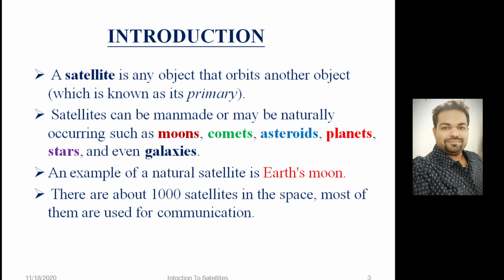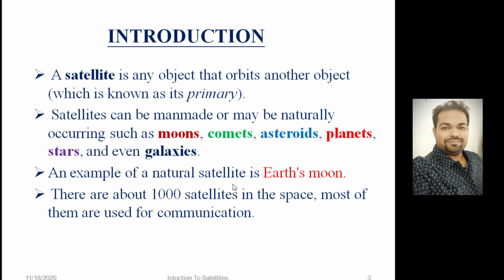So if we talk about the satellite, what is a satellite? A satellite is any object that orbits around another object, and the object about which the satellite orbits is called the primary. Satellites can be man-made or naturally occurring, such as moons, comets, asteroids, planets, stars, and even galaxies. These can also be considered as satellites, natural satellites or artificial satellites.